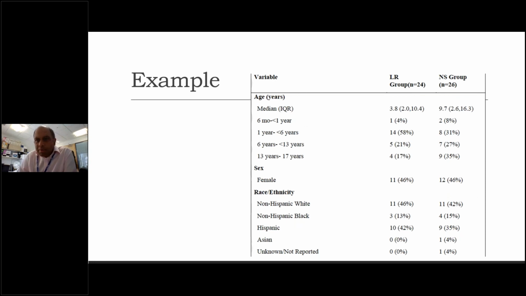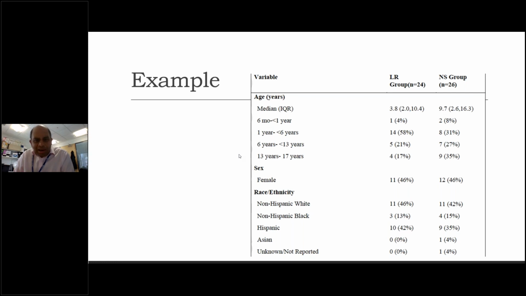So this is an example I've just quickly given you of a small trial. This is not a real published massive trial, but you can see a small pilot trial where they randomized 24 patients to lactated Ringer's, a balanced solution for fluid resuscitation, compared to normal saline, 26 patients. You can see the small numbers mean that the groups are not that well balanced.